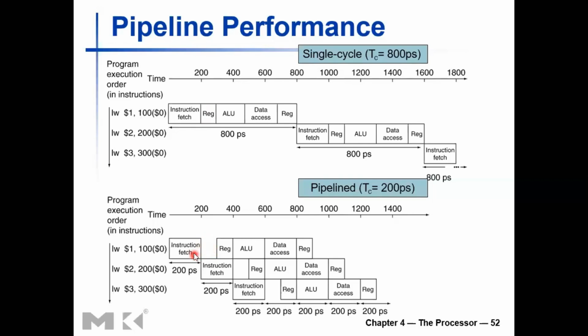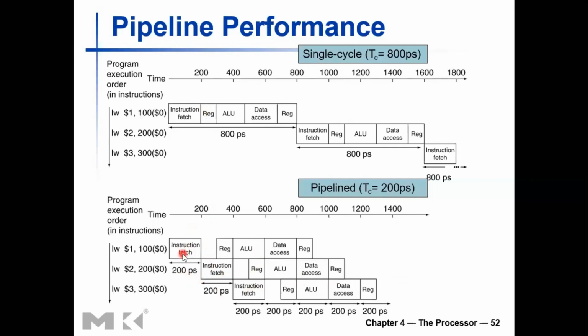So instruction fetch, decode and read registers, do the ALU operation to calculate the address, go to the memory with that address and read the data, write that data into the register. You can see that our absolute time per instruction is now a little bit increased, but we can do operations in parallel.